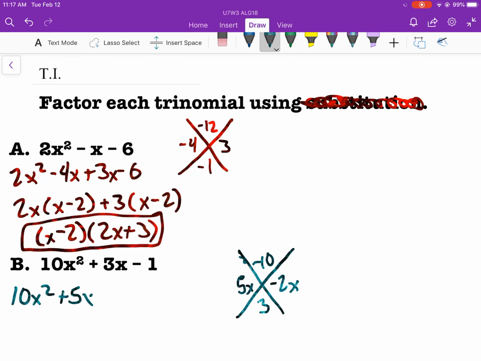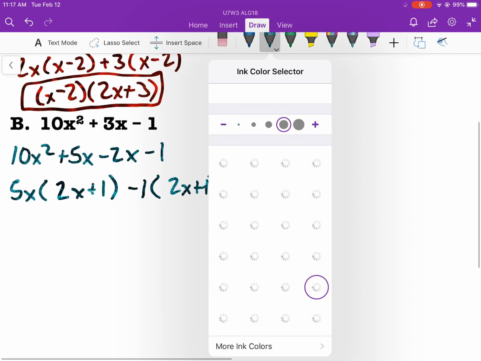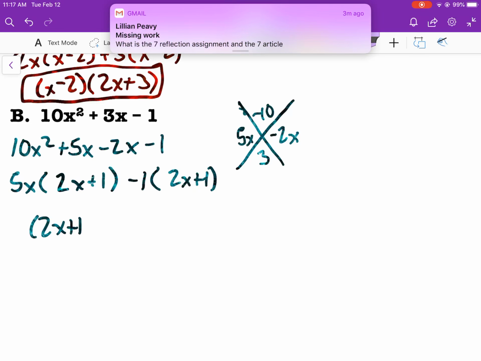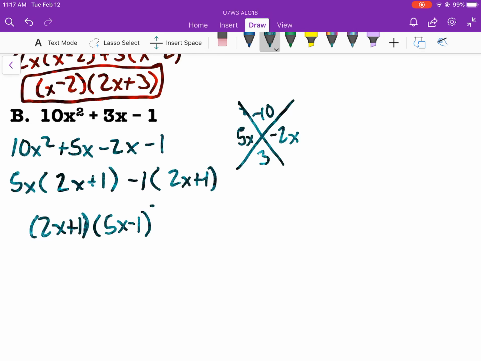Factor out 5x. You're left with 2x plus 1. Factor out a negative 1. You're left with 2x plus 1. And factor out the 2x plus 1. And you're left with 5x minus 1. Done.